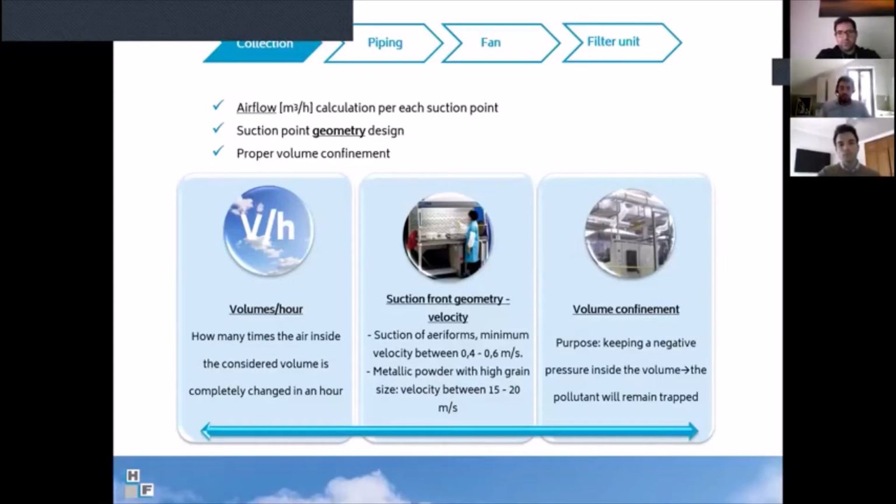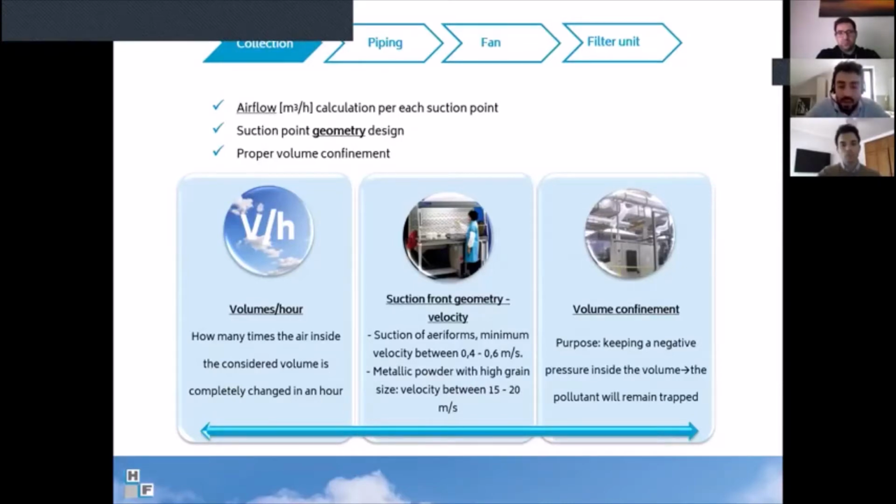If we have instead metallic powder, or from very different kinds of metallic operations, we have to design instead very small suction points, as close as possible to the point where the pollutant is produced.